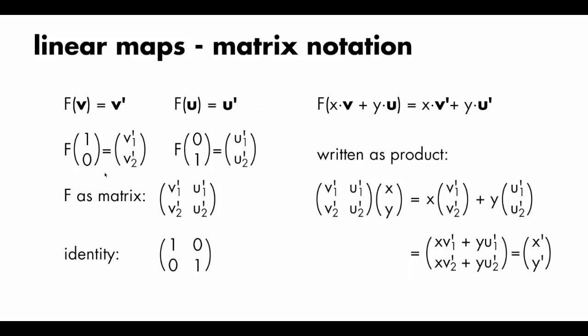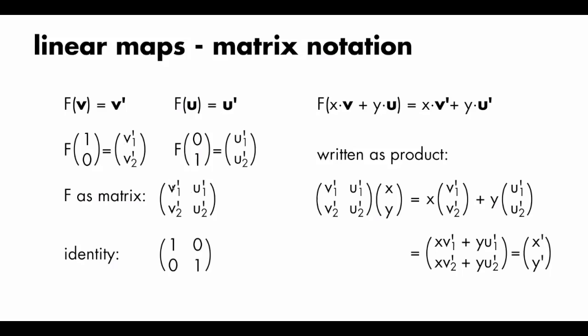I'm doing everything in 2 dimensions right now for simplicity, but it's not really dimension dependent. We see that f of v, and v is by definition (1, 0), maps to some vector, and we'll just call it v prime, with components 1 and 2. And same with u, our second basis vector, which will map to u prime, with components 1 and 2.